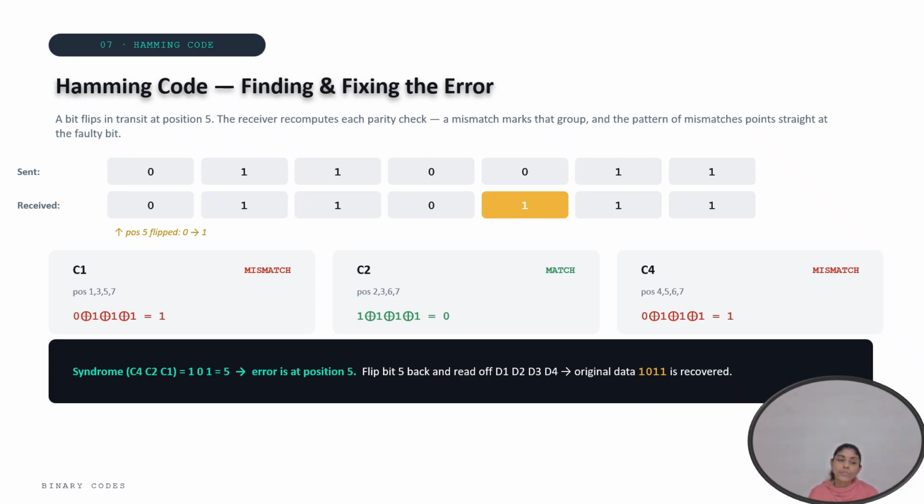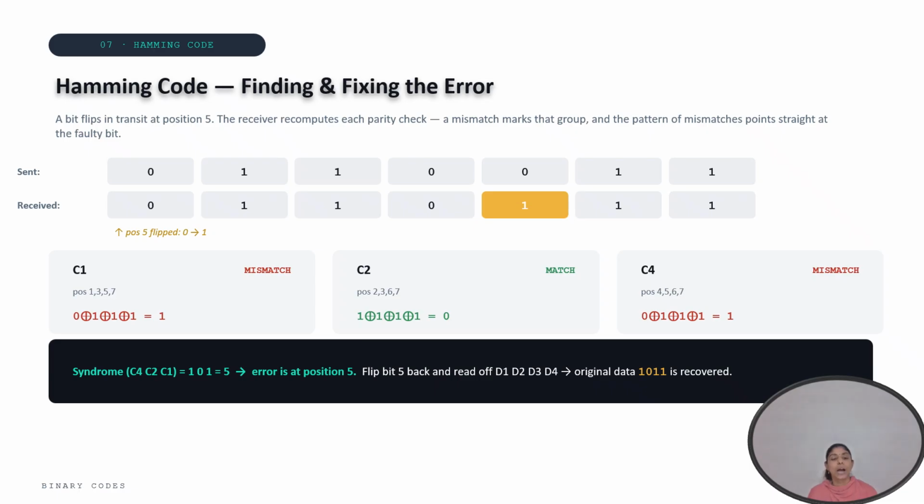So now what do we have to do? We have to check where the error is produced. For checking, again check C1, C2 and C4. What is the syndrome there? It is C1, C2 and C4, because the parities you used were P1, P2 and P4.